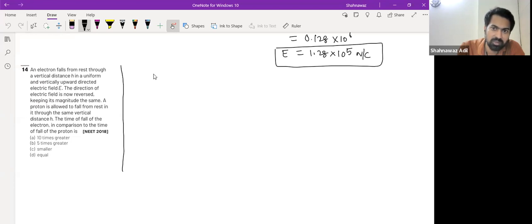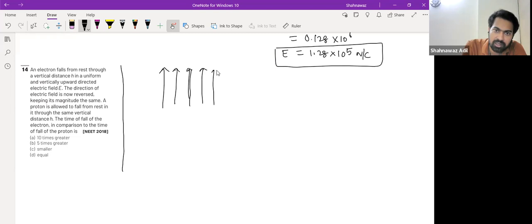So let me recap. Let's say you have some electric field, and there is some charge Q over there. This is the electric field, and this is the positive charge kept here.